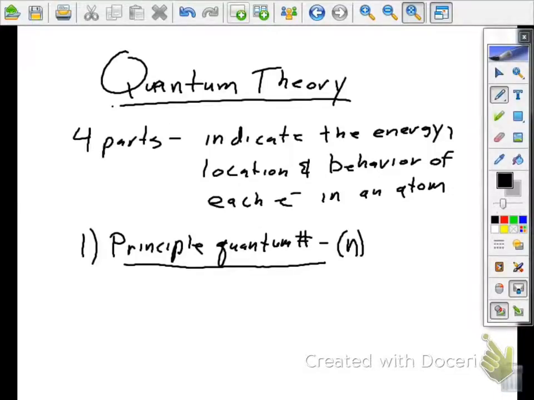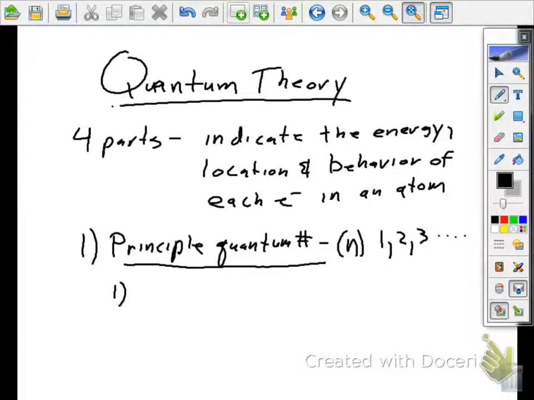if you had enough electrons to identify. They're going to be whole numbers like 1, 2, 3, and so on. And what they do is they indicate the location of the electron away from the nucleus. They do a couple things.